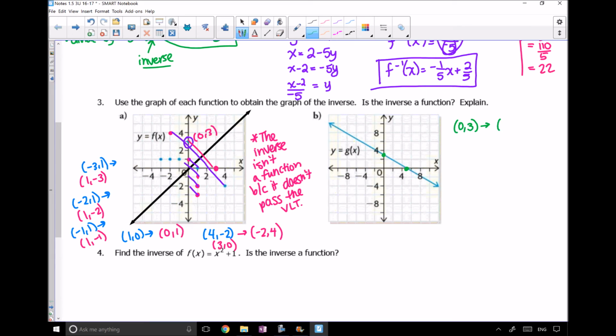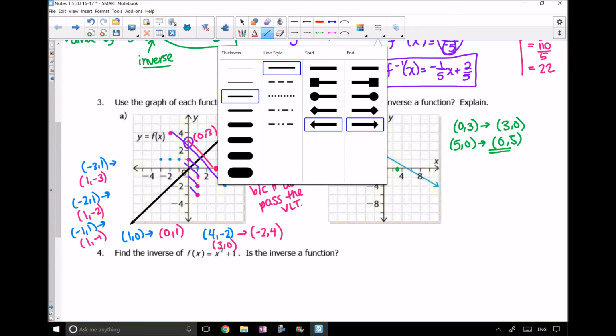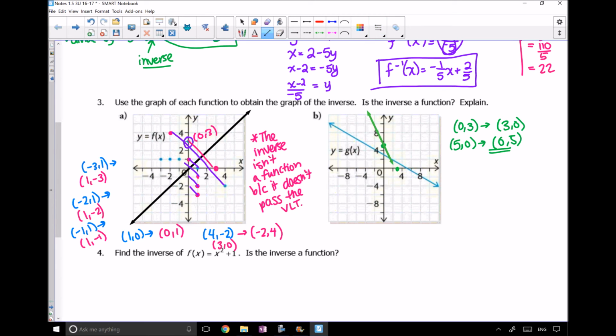So when I swap it, it'll become (3, 0). And I know my x-intercept is (5, 0). So when I swap that, it'll become (0, 5). So I can go ahead and graph those points out. So I've got (0, 5) right here, and then I've got (3, 0) right here, and then I'm just going to connect my dots, and that's going to be my line, and that's going to be my inverse function. Well, we'll see if it's a function in a minute.